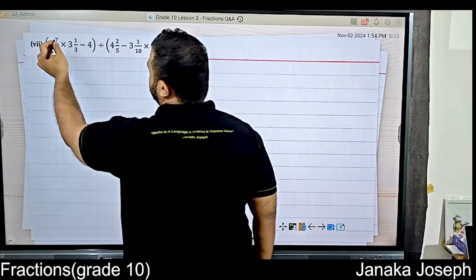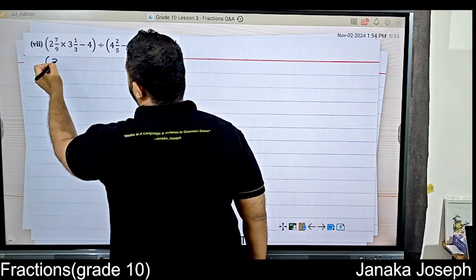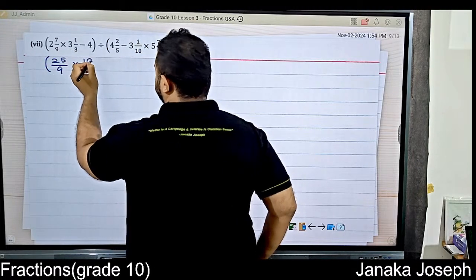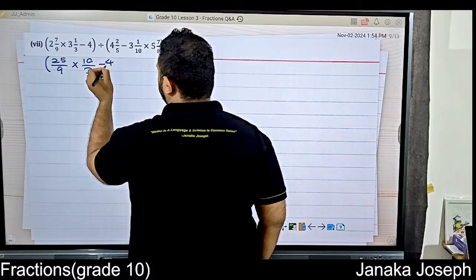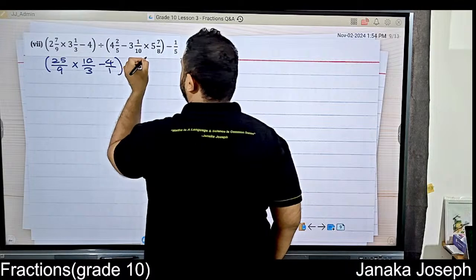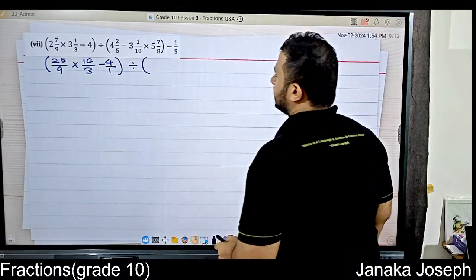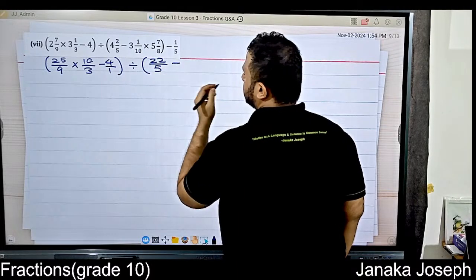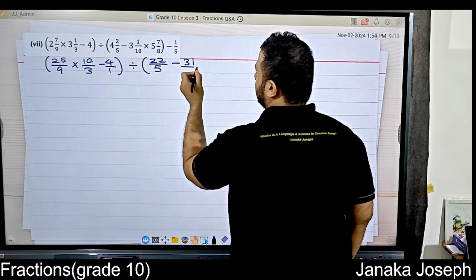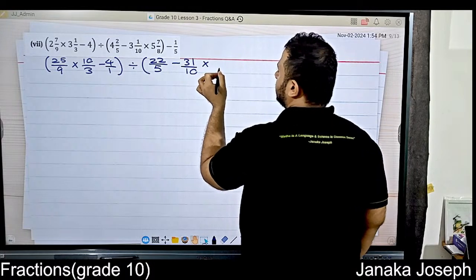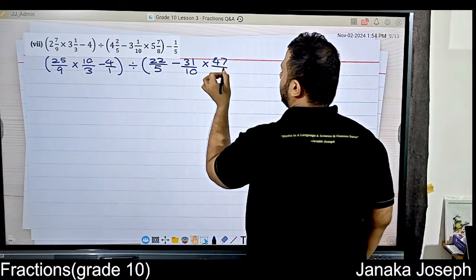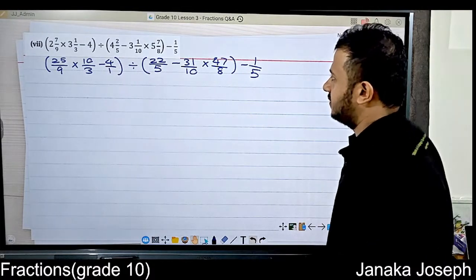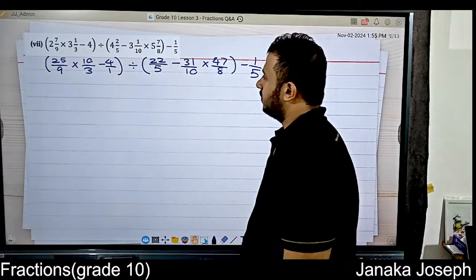This will look like 1825 out of 9 multiplied by, this will be a 10 out of 3 minus 4 over 1 divided by, this will be a 2022 out of 5 minus 31 out of 10 multiplied by 47 out of 8 minus 1 out of 5.